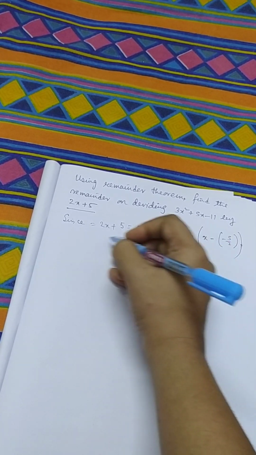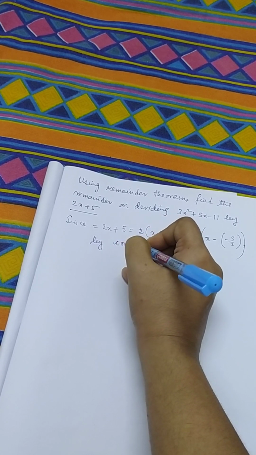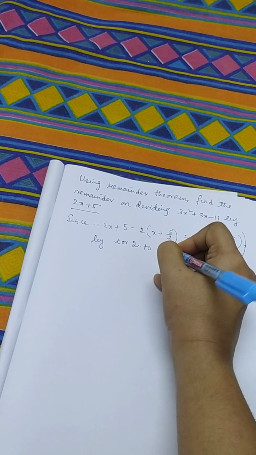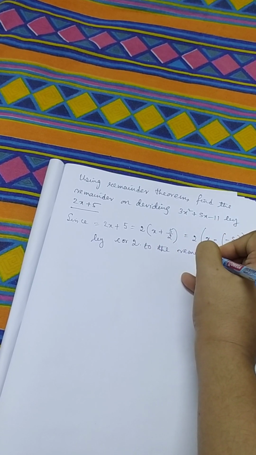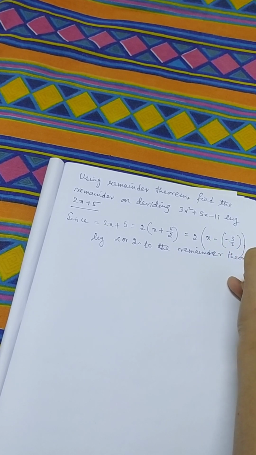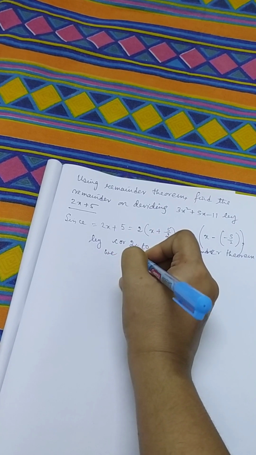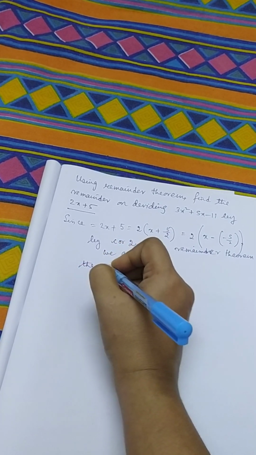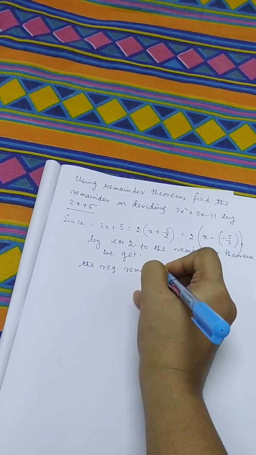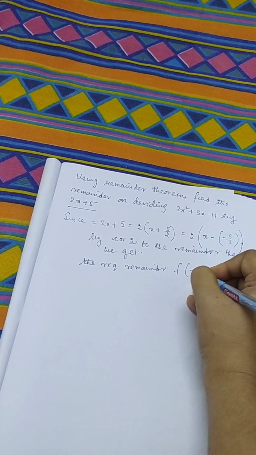So by corollary 2, the remainder theorem, we get the remainder, that means f of minus 5 by 2.